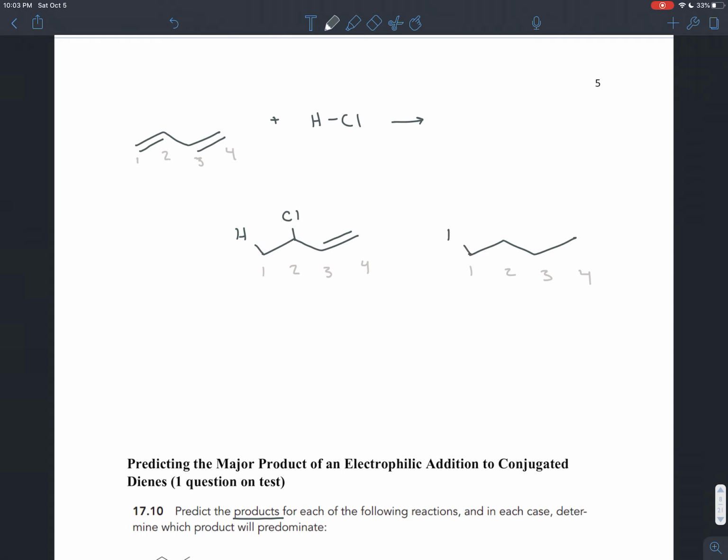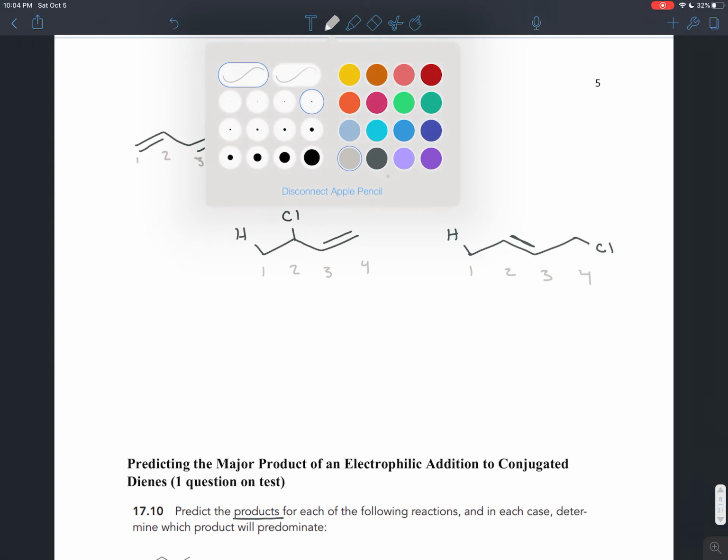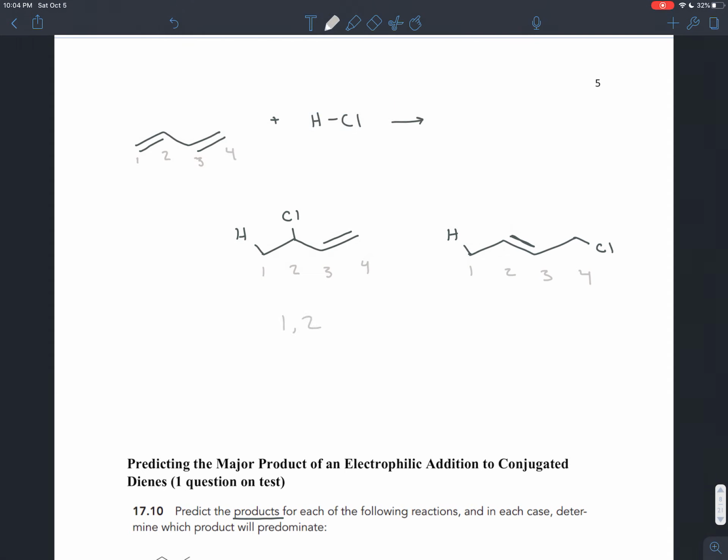Or you could add the hydrogen to carbon number 1 and the halogen to carbon number 4, and in order for that to happen, resonance has to rearrange that pi bond to go between carbons 2 and 3. So you get the 1,2 product and the 1,4 product, as we've seen a bunch in the previous exercise.